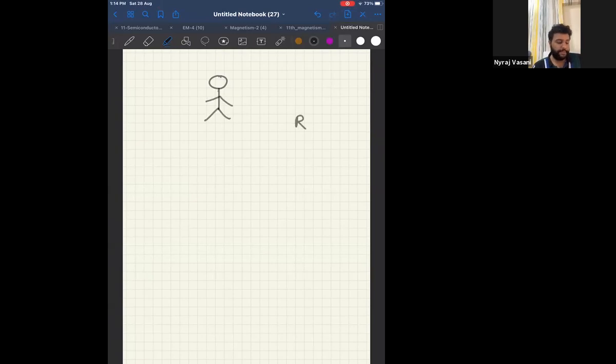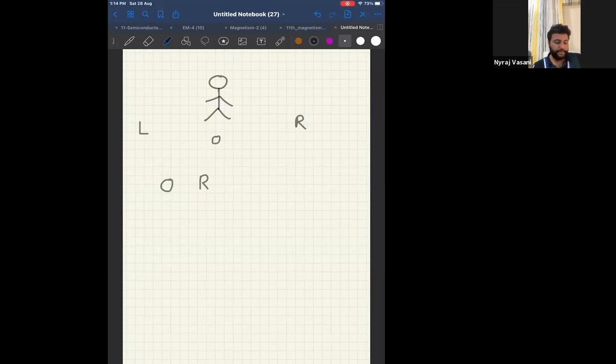And this is right position, this is left position, and this is my center position, 0. Now, the person is at 0, and the person goes towards right. Now, to get oscillatory pattern, where should the person go next?